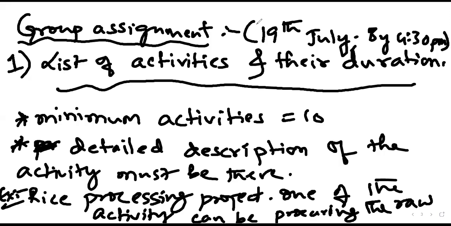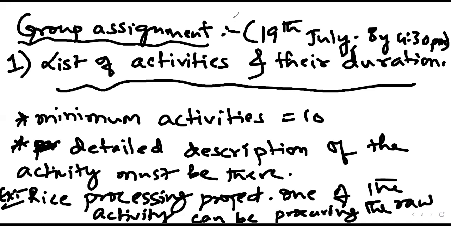Is it clear? So you need not follow up for the list of activities. Your only role is to collect the Word docs they are submitting and send it to me by mail. Okay?